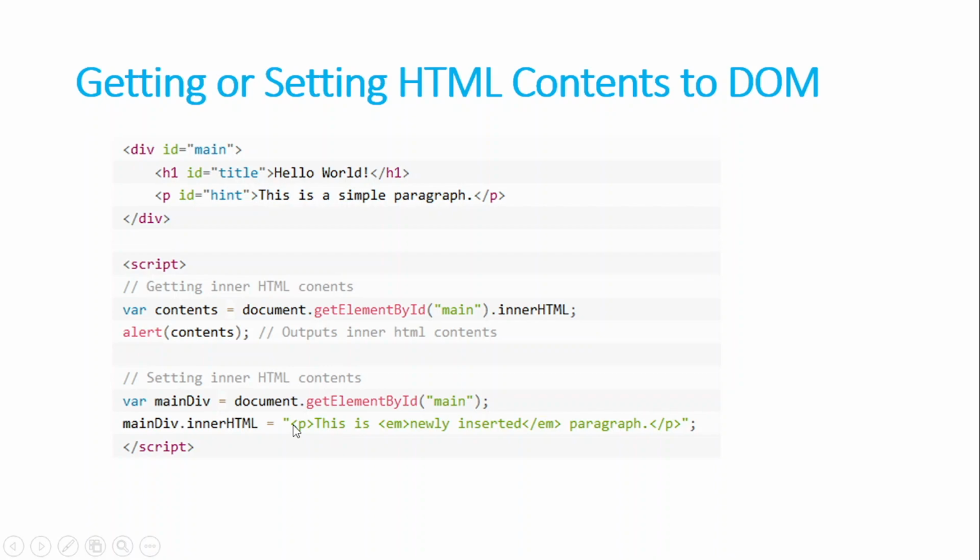That's up to us. So we are setting a new innerHTML, the children for this element. Basically, innerHTML can be used to get the contents of all the HTML children inside a container, or we can set the HTML elements inside that particular container.